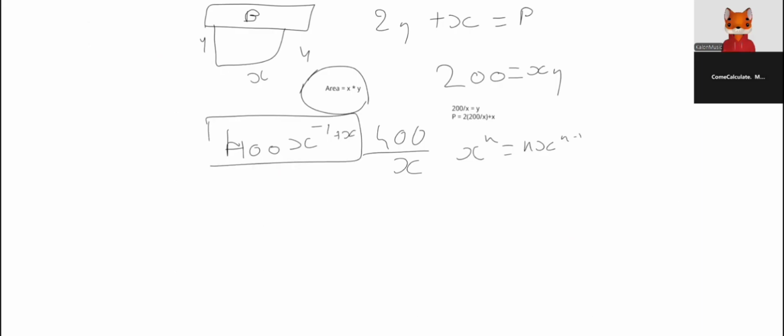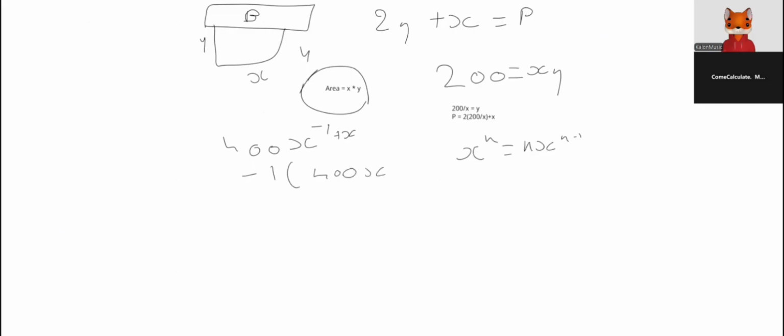Great. So just clean this up. So this is going to become -1 times 400x to the power of -2 plus 1.